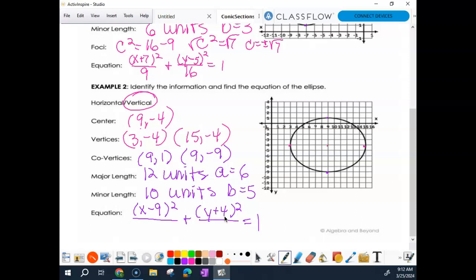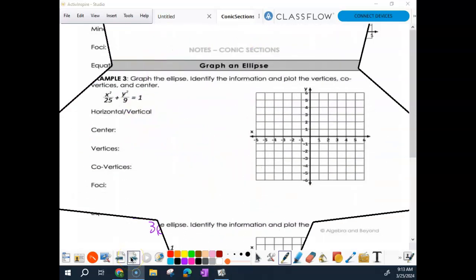Under the X. So my A, I'm going to have 36 because I'm going to square it, right? 6 squared. And I'm going to take 5 squared, which is 25. So it's pretty easy, right? As long as you listen for just a minute. Okay, we got 2 more to do and I'll be done.